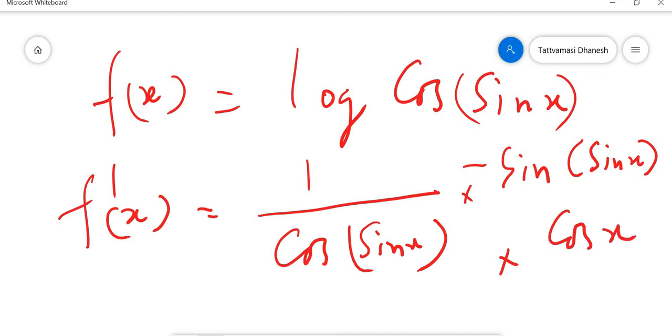Here, sin of sin x, you need to understand, is not sin square x. This is the sine of an angle that is itself sin x.